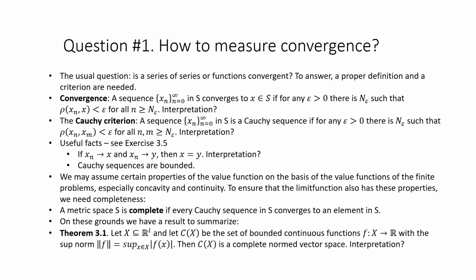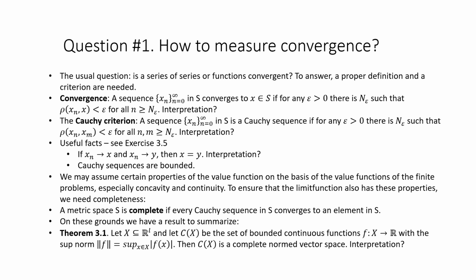It looks fancy, but what does it mean? It means that if a series is convergent, then the limiting point is unique. This is really, really important. A series cannot converge towards multiple limiting points. If a series is convergent, it has only one limiting point. This is the first useful fact.